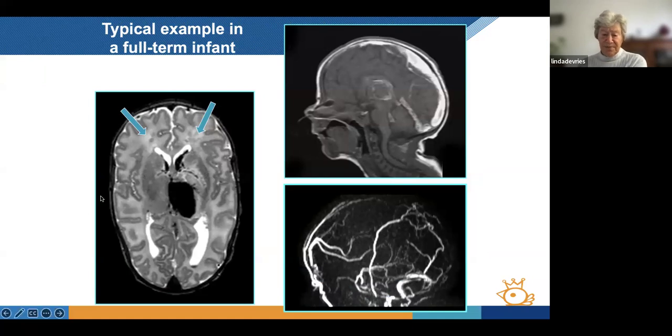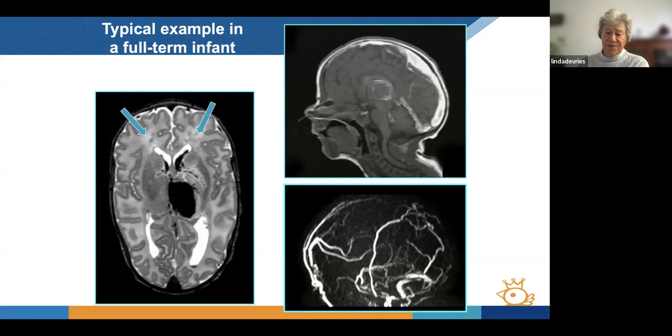First of all, we see the very large hemorrhage being dark on the T2 sequence. And we see on the T1 this thrombus being high signal, both in the superior sagittal sinus and also in the straight sinus, and the hemorrhage over here being bright as well. And then on the MRV, we see no flow in the superior sagittal sinus or in the deep venous system, the straight sinus.